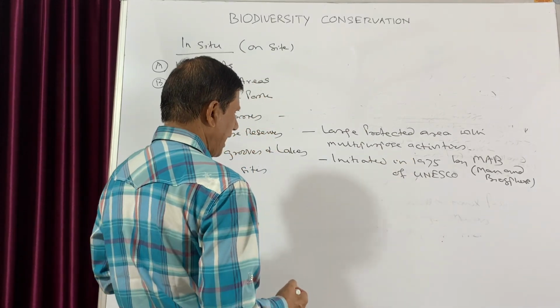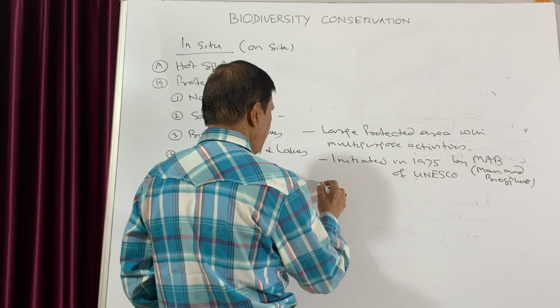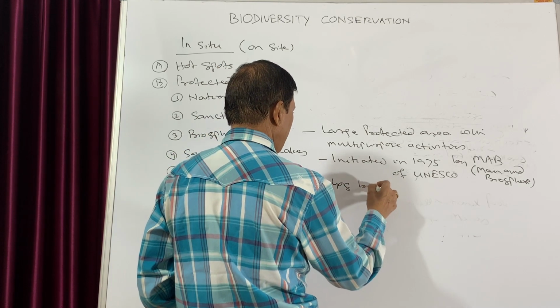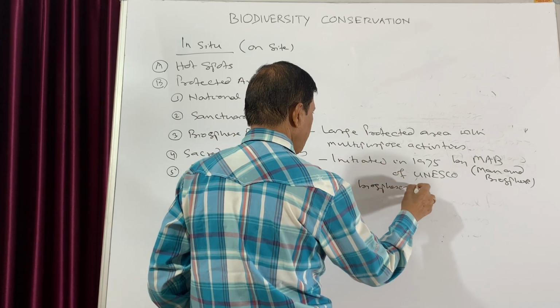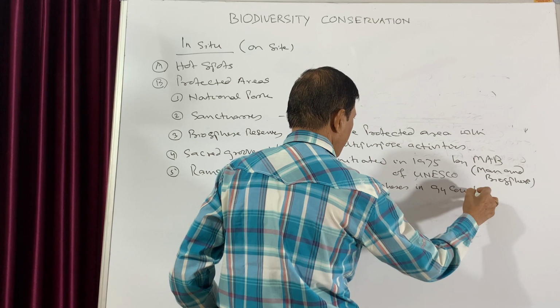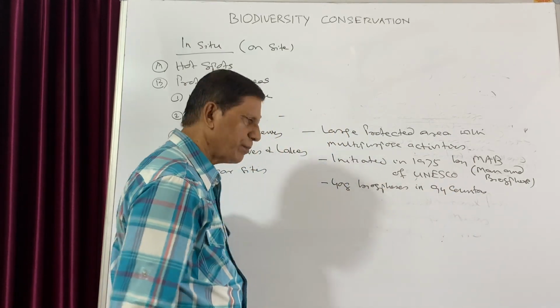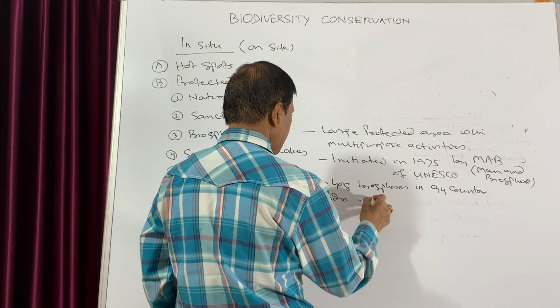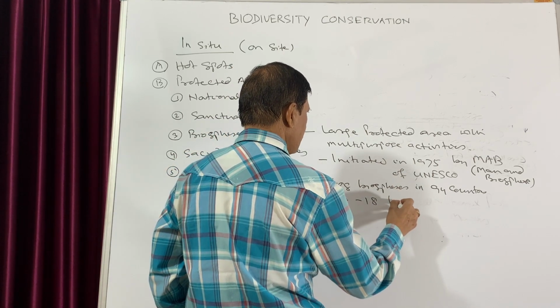Under that program, the biosphere concept was given in 1975, and at present there are 408 biospheres in 94 countries of the world. But in India there are 18 biospheres.